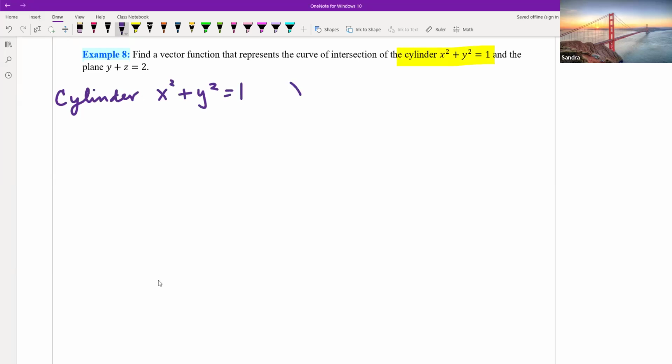That helps me because x represents cosine t, parameterized, and y will be equal to sine t parameterized. And so that's actually something that I can use.